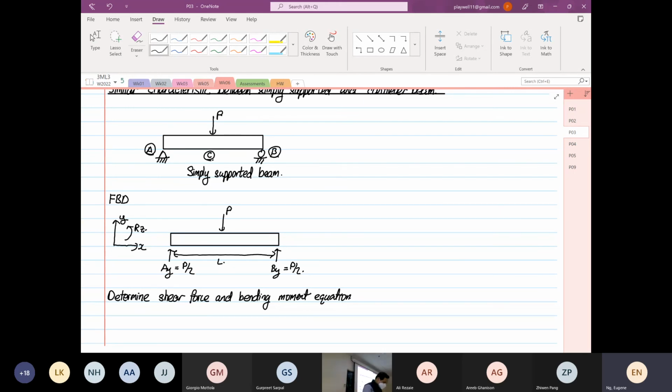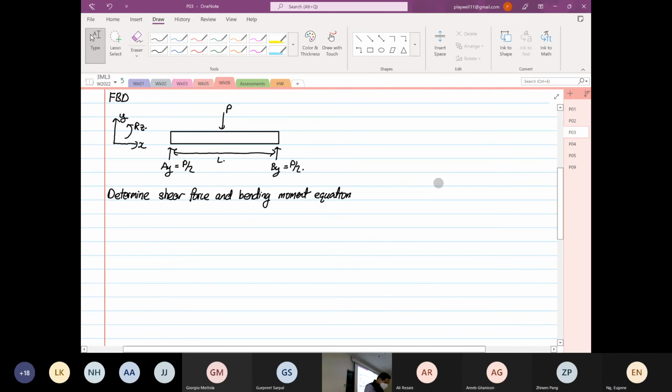Okay, so here we go. So we are going to form the limit between point A to point C. So this is where our point C is, right?